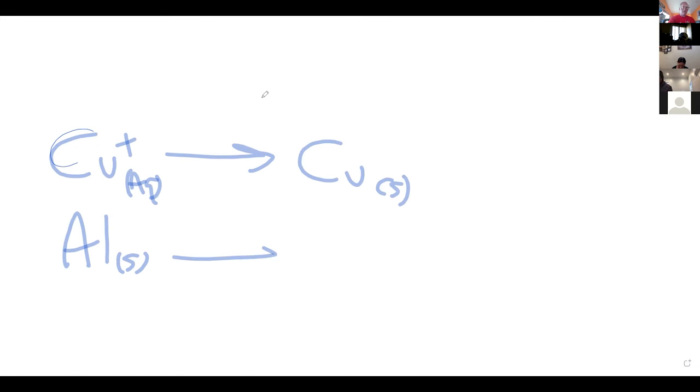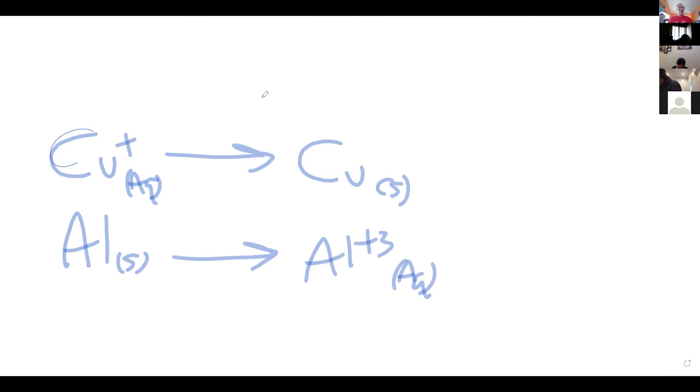When we mixed them together, this was copper ion, aqueous, and this was solid aluminum. Then this became copper solid, and this became aluminum +3 aqueous.